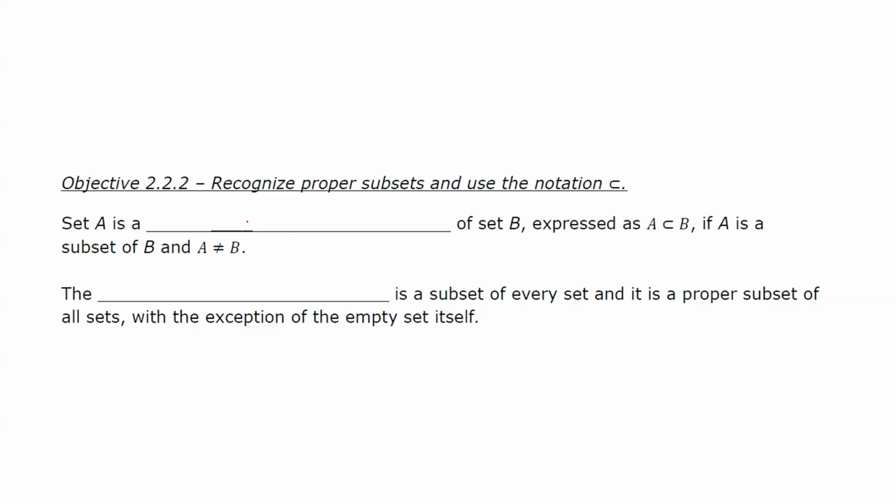Set A is a proper subset of B, expressed as A ⊂ B, if A is a subset of B and A does not equal B. The empty set, which we learned about in the last section, is a subset of every set, and it is a proper subset of all sets with the exception of the empty set itself.